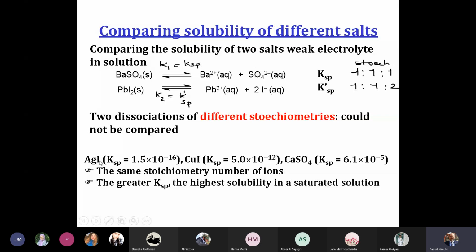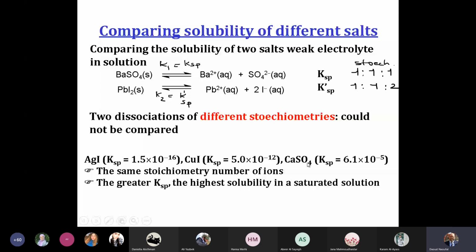If we compare AgI, CuI, CaSO4 without doing calculations, in order to know the solubility, you can compare directly their values of Ksp since the stoichiometry of the solids is the same. This is Ksp 10^-5, 10^-12, 10^-16.